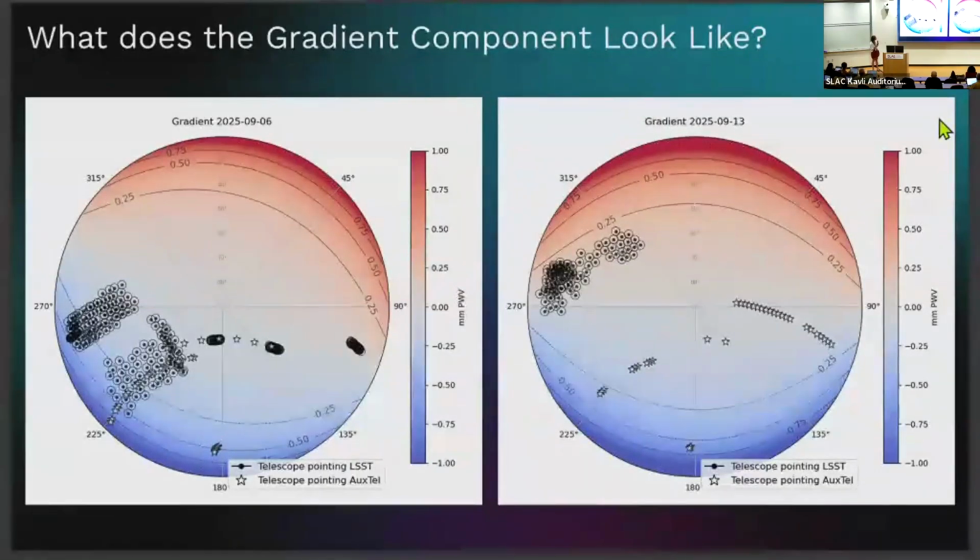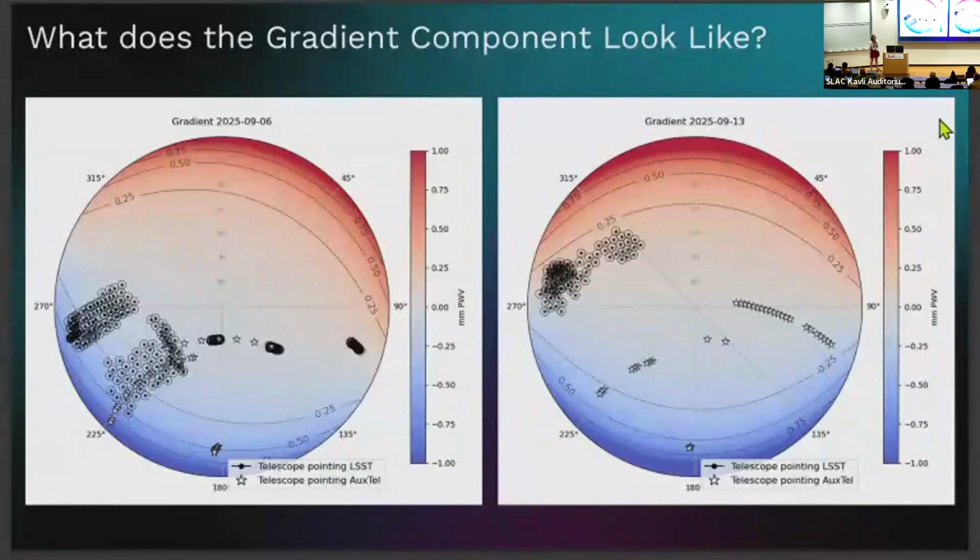And I've also included the telescope pointings for LSST and the auxiliary telescope. I have contour lines marking the 0.25, 0.5, and 0.75 millimeters. And so you can see that the effect becomes more important as we are at lower elevations.